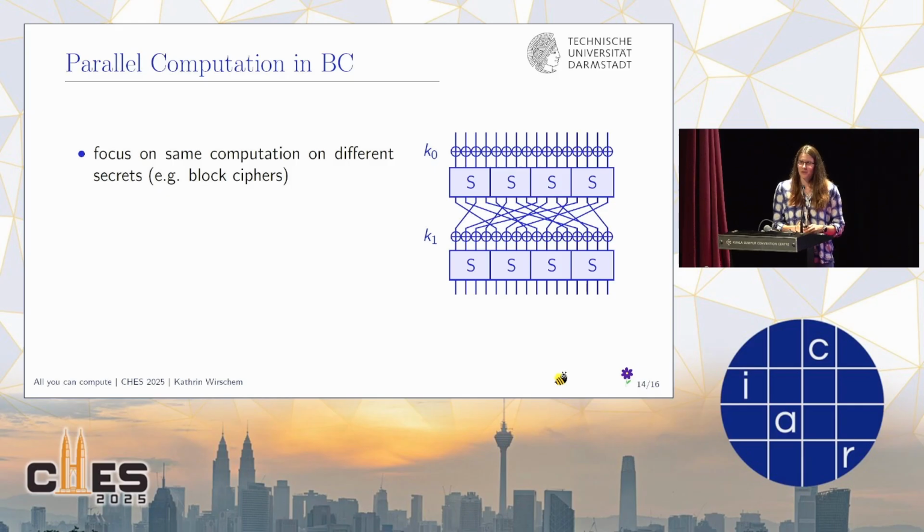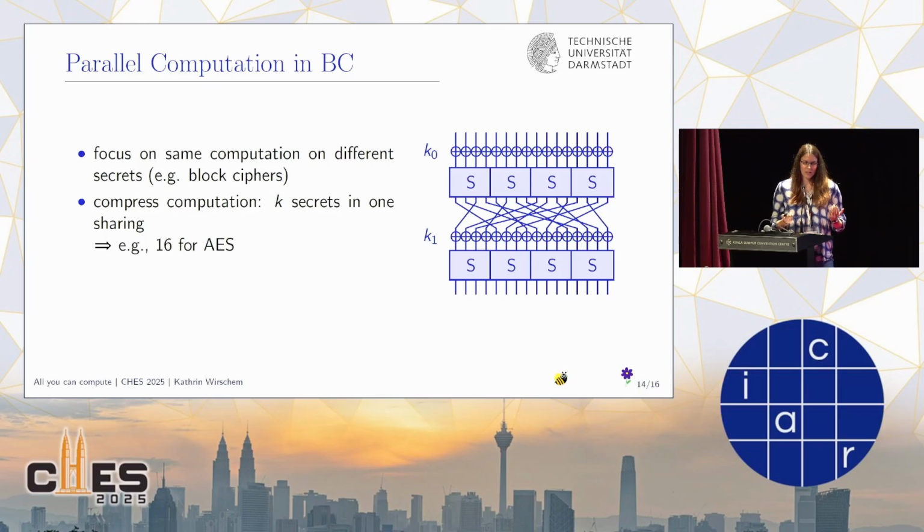Okay, so let's consider why we look at this at all. Parallel computation is useful whenever we focus on the same computation on different secrets, for example, when considering block ciphers. On the right-hand side, you see a nowadays common block cipher structure. We add some key, we have some substitution box followed by a permutation, and then we do this several rounds.